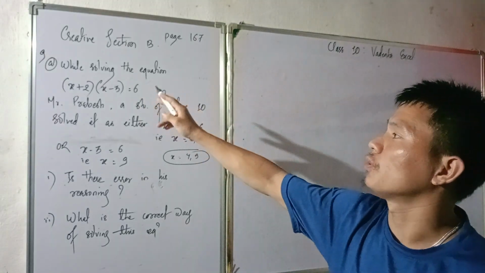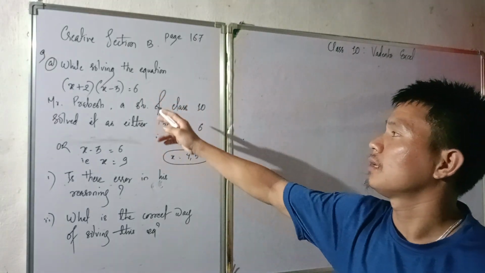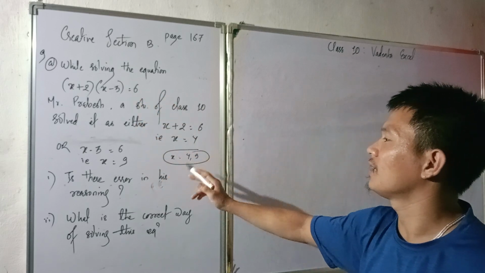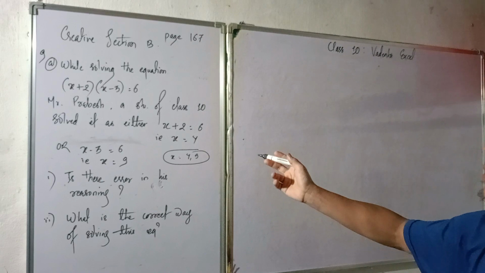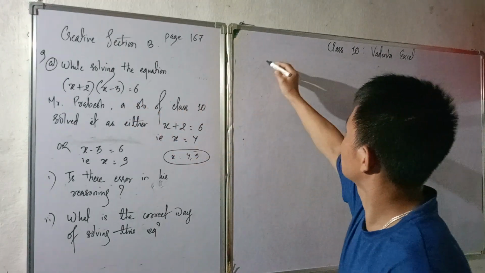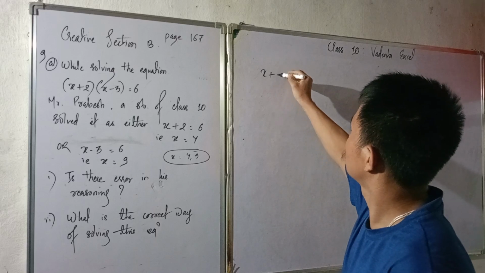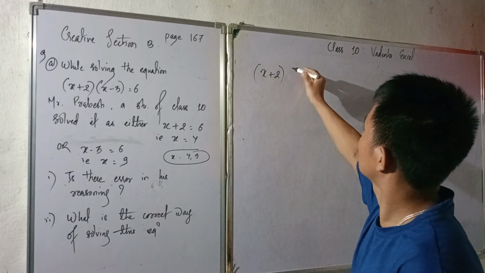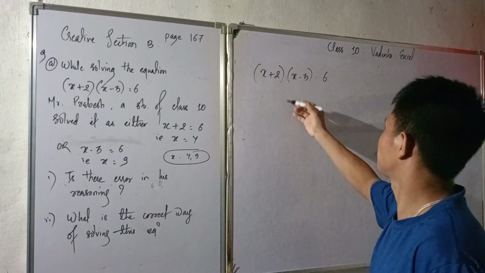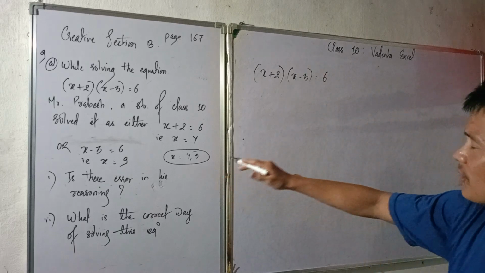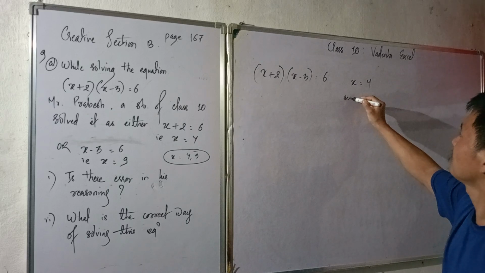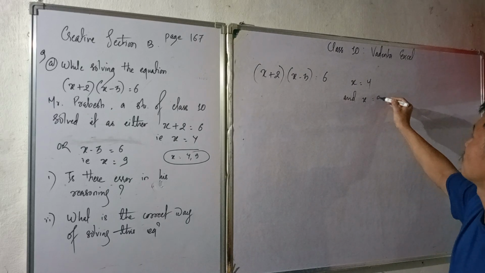Okay, when you equate with either-or, the right-hand side must be 0. The given equation is (x + 2)(x - 3) = 6. He got two values for that, x = 4 and x = 9.